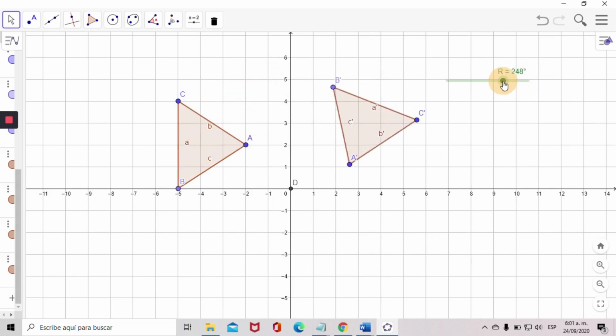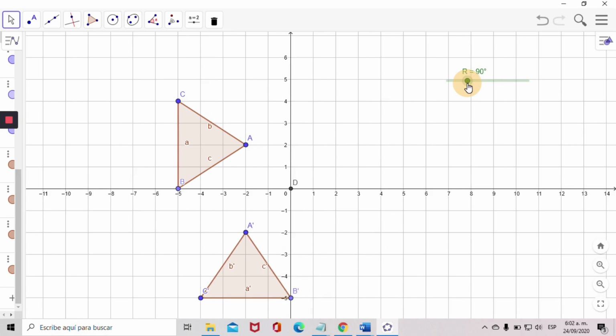Now, 180 is totally opposite. Now you can tell B is 180 degrees opposite. Now, let's say 90 degrees.